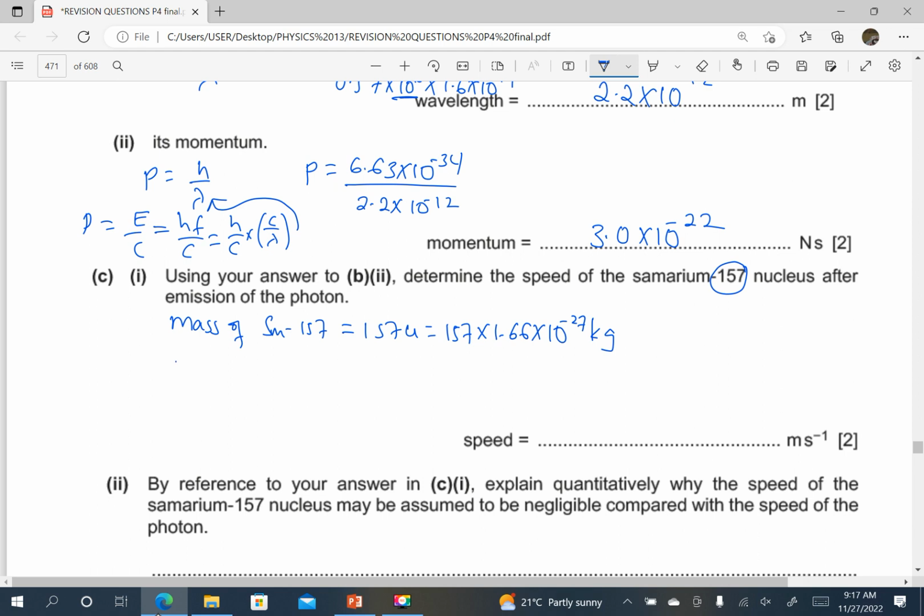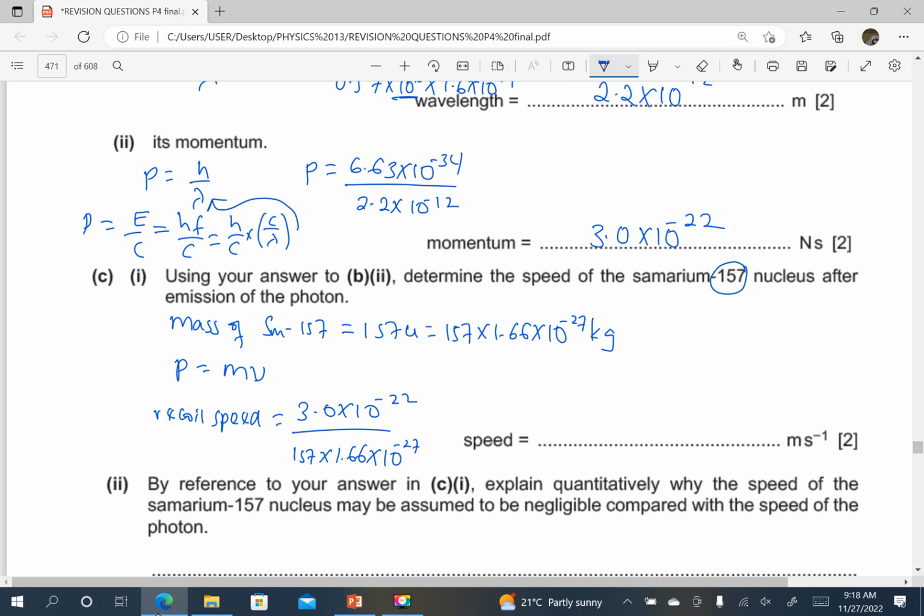So from momentum equals mass times velocity, I know that the momentum will be the same but in opposite directions. So the recoil speed, that is the speed with which the samarium moves backwards, is going to be momentum divided by the mass. So that will be 3.0 times 10 power negative 22 divided by the mass, which is 157 times 1.66 times 10 power negative 27.